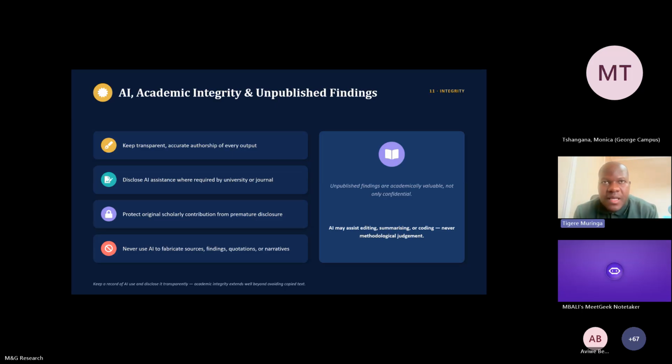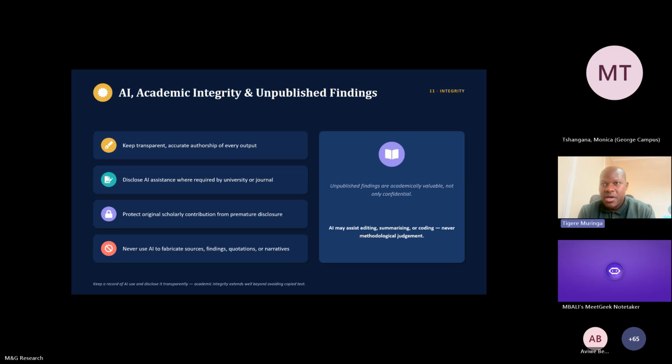I love how Claude does its work. Claude pushes back if you're trying to fabricate data for your research or anything. But I picked up that ChatGPT has a tendency to provide you with that data if you want to fabricate it. And those are the things that we as researchers need to guard against.